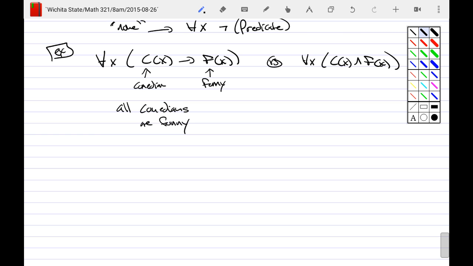What does the second one say? All people are comedians and are funny. So I just said the entire universe of discourse is only comedians and they happen to be funny at the same time.